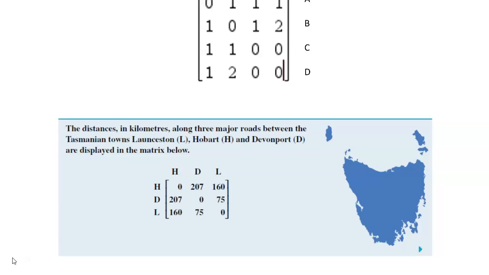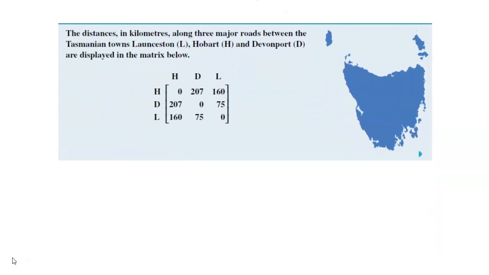Now this is from the text that we're using. I just wanted to show how this is showing different information. The distances in kilometres along 3 major roads between the Tasmanian towns of Launceston, Hobart and Devonport are displayed in the matrix below.